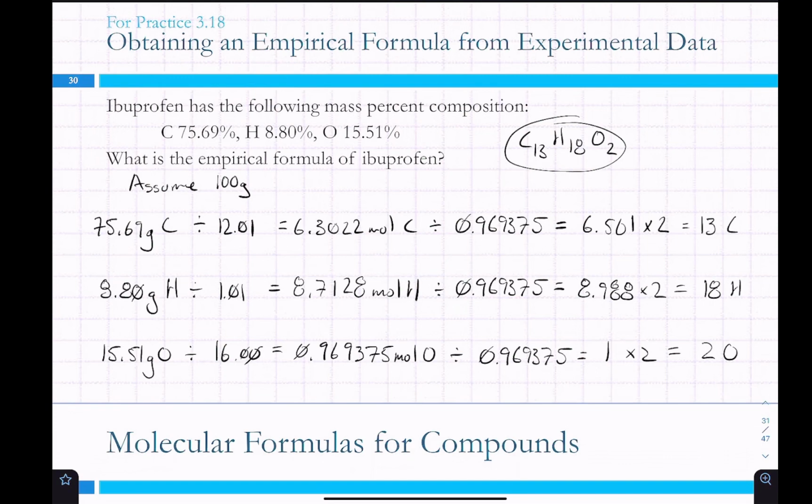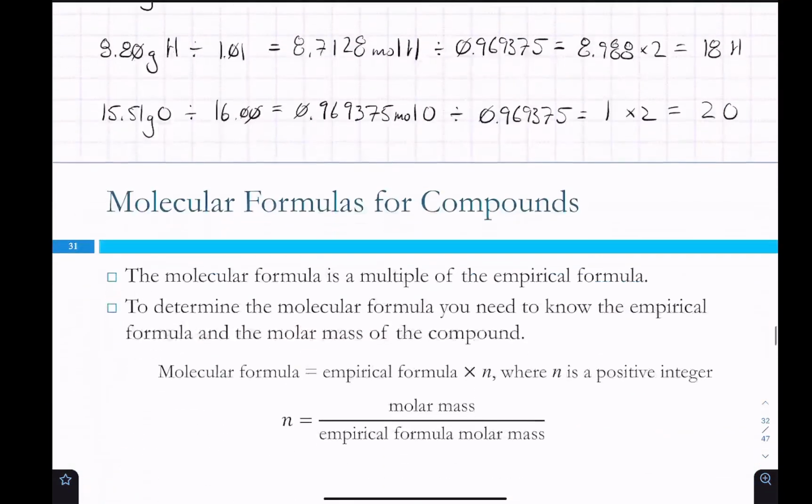So, how do you get the molecular formula? So this is the empirical formula. Remember, empirical formula, simplest whole number ratio.